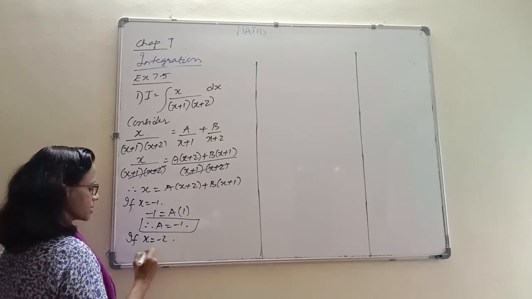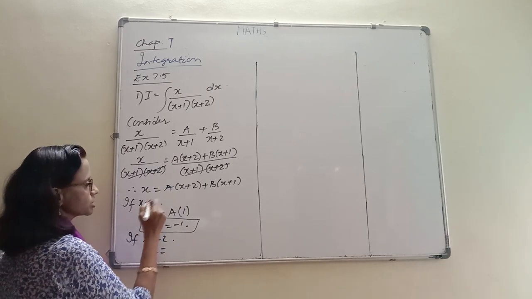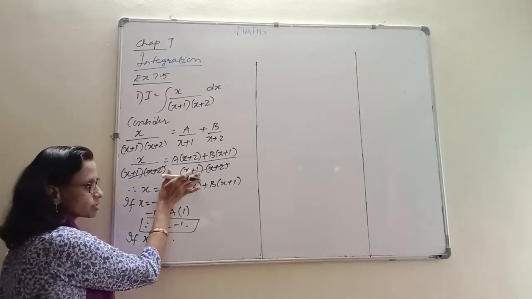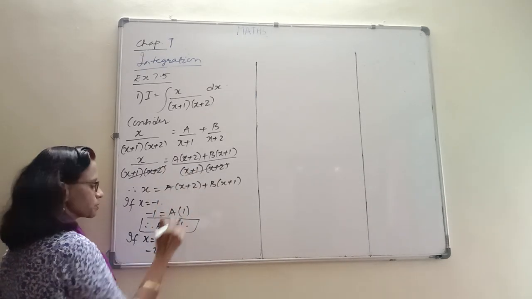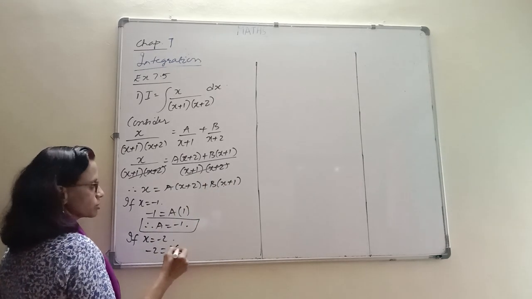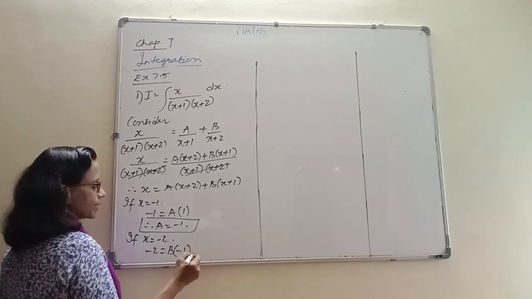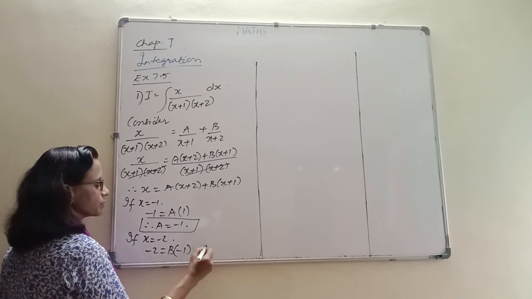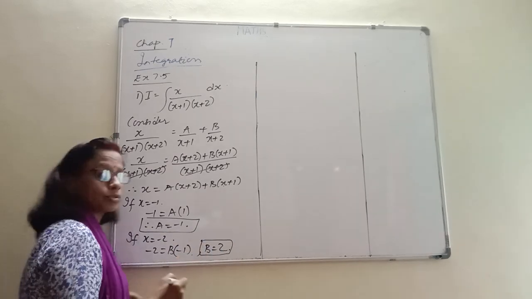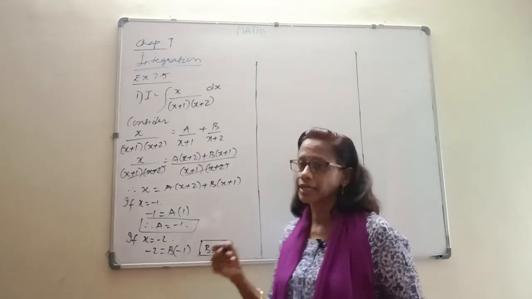Negative 2 plus 2 is zero, so this expression has gone like the previous one, and only b times negative 2 plus 1 is surviving. That's going to be negative 1. Cancelling both the negatives from the other side, you get the b value as 2.